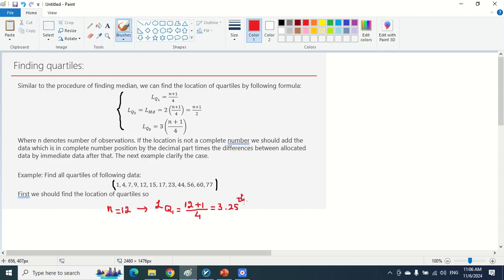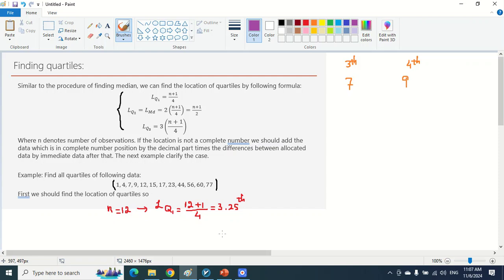This should be the location of the first quartile. But what does it mean that the location is between 3 and 4, and it's 3.25? Let me write the third number over here, which is 7. This is the third location. And the fourth location over here is 9. So the quartile should be a value between 7 and 9, but not exactly in the middle of them.